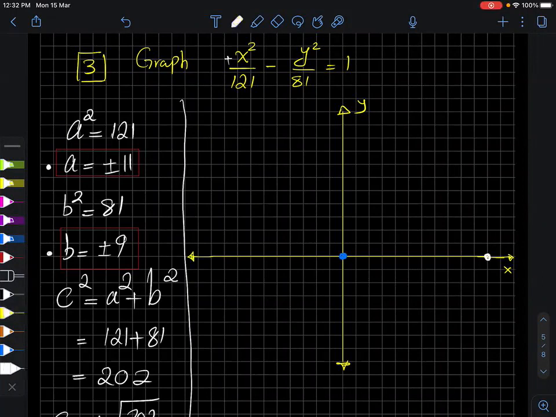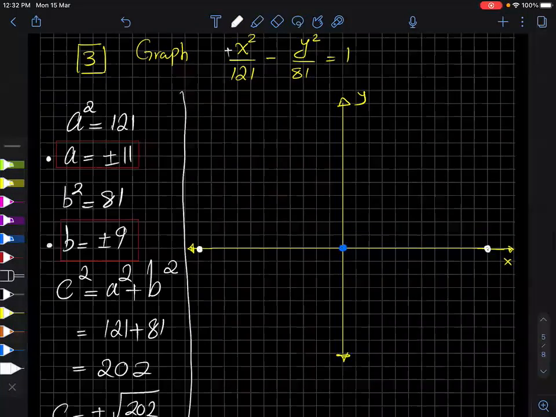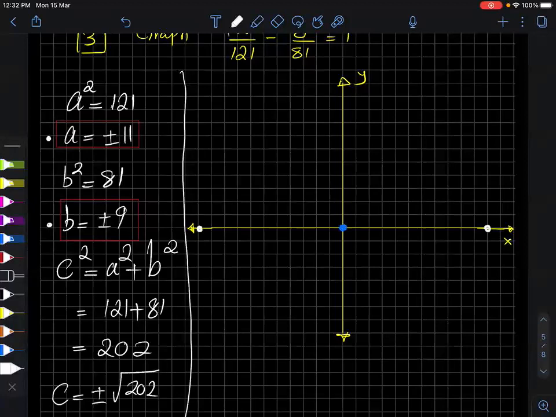Every time, guys, when you graph, the same thing should happen. Then we move up 9 units, 1, 2, 3, 4, 5, 6, 7, 8, 9, and down 9 units, 1, 2, 3, 4, 5, 6, 7, 8, 9.